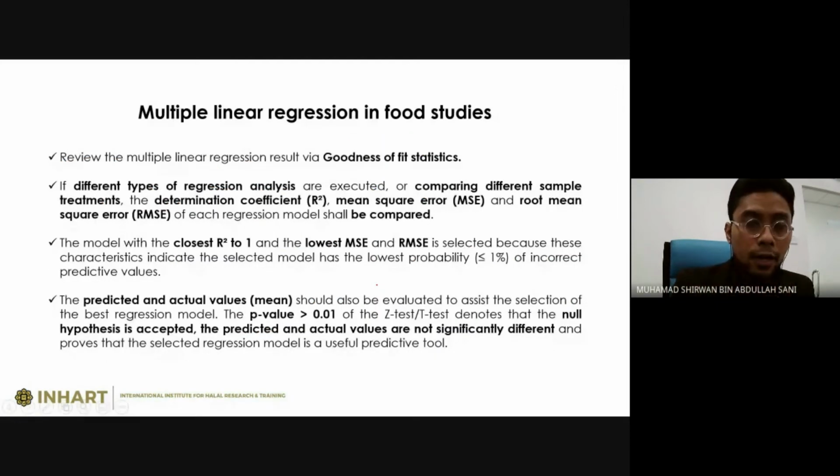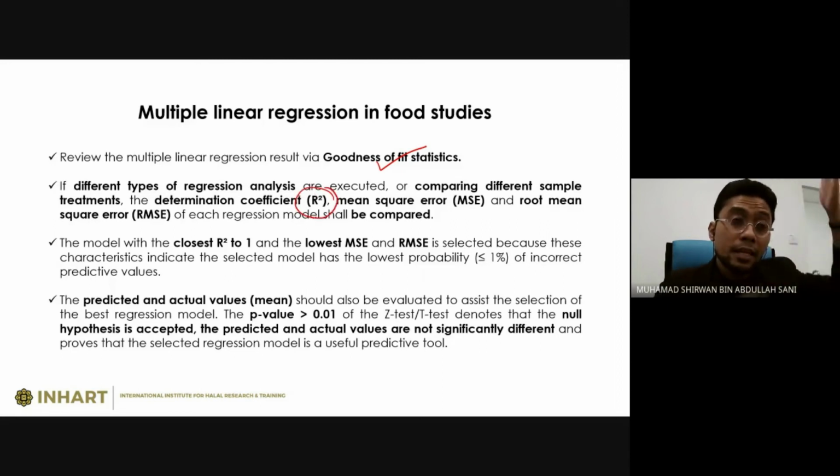So for us to check whether the regression is acceptable or not, we need to review the multiple linear regression result via the goodness of fit statistics. In these statistics, there are a few parameters that we can compare. The first one is the determination coefficient or R square.